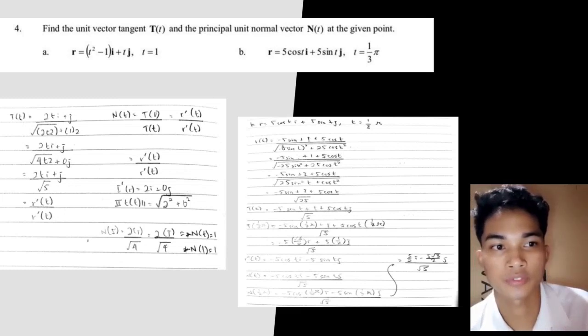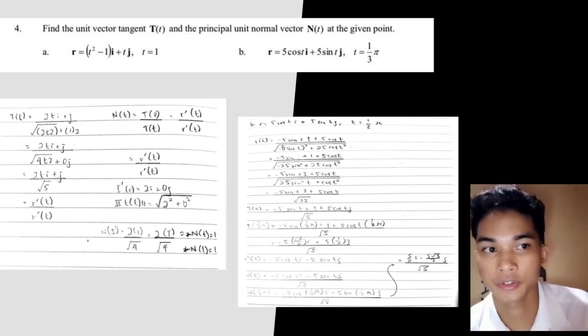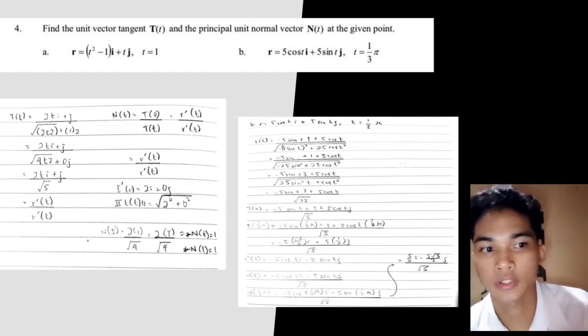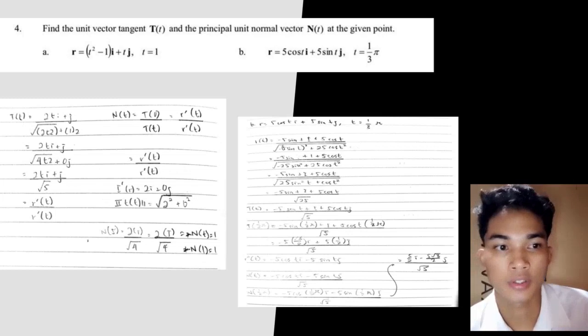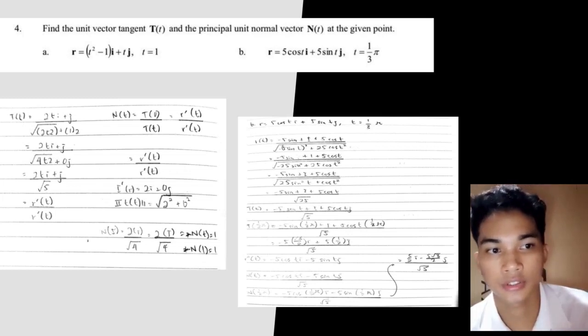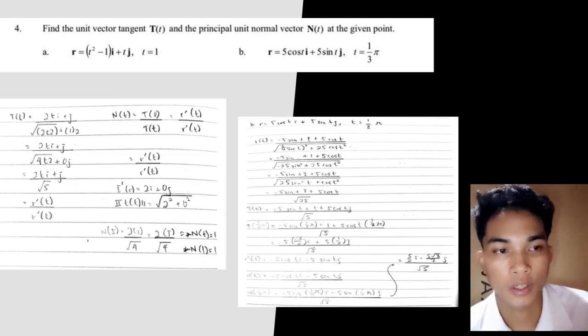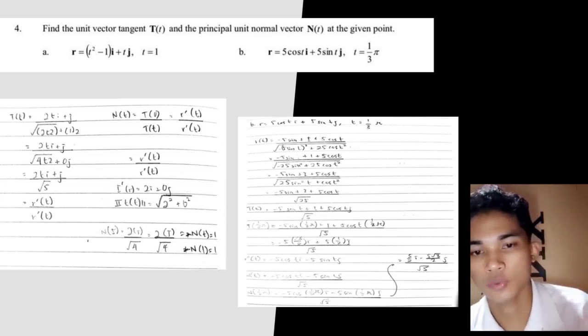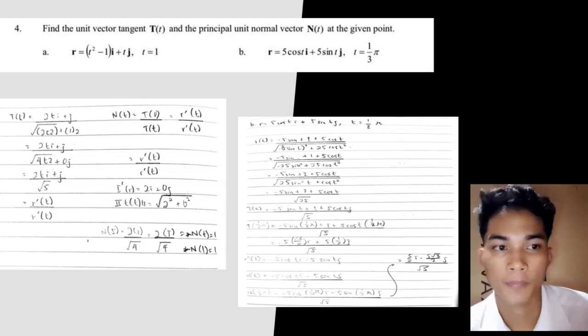Then for question B, firstly we have to differentiate the equation like normal, then we calculate it until we get the last answer for that equation. It will be (−5 sin t i + 5 cos t j) over square root 25.